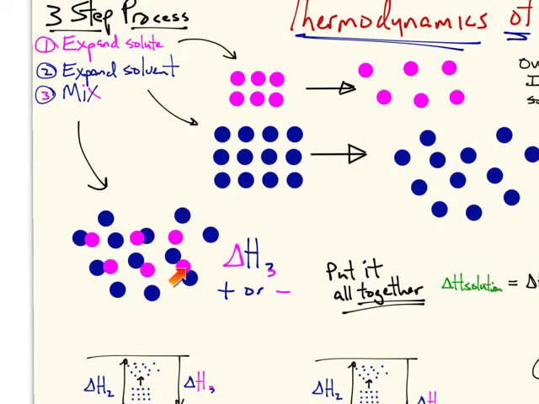So delta H3, is this going to be positive or negative? Now we have ions trying to stick to water molecules. This is actually another kind of intermolecular force. It's called an ion-dipole interaction, right? The ion, lithium plus, is an ion, and water is a dipole. So we have an ion-dipole type interaction.